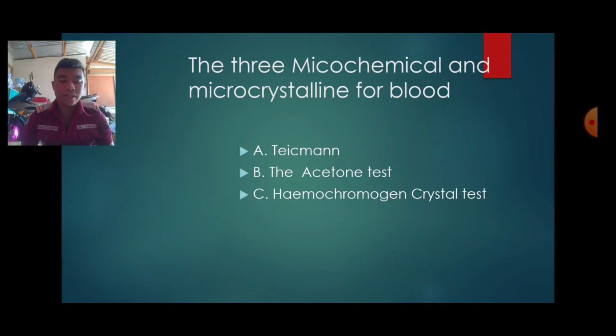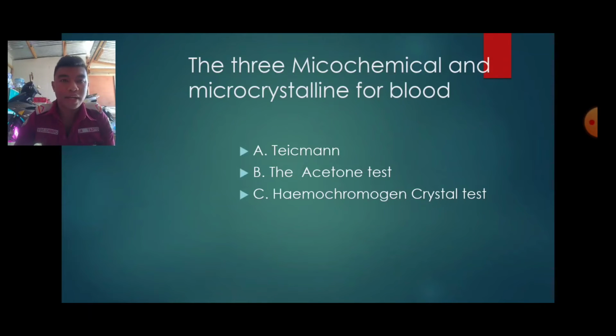The reagents typically used are sodium chloride and glacial acetic acid. Result: dark brown rhombic crystals of hemin or hematin chloride, arranged singly or in clusters.